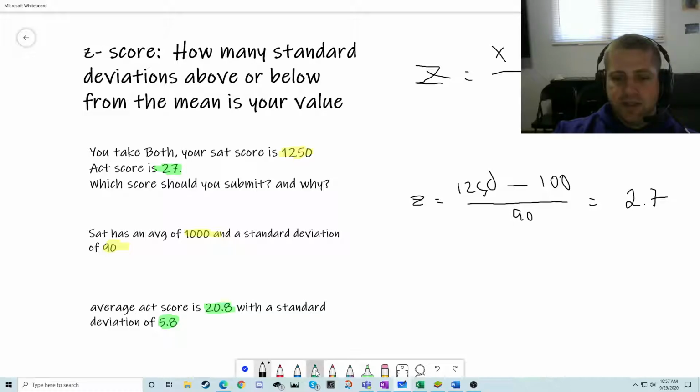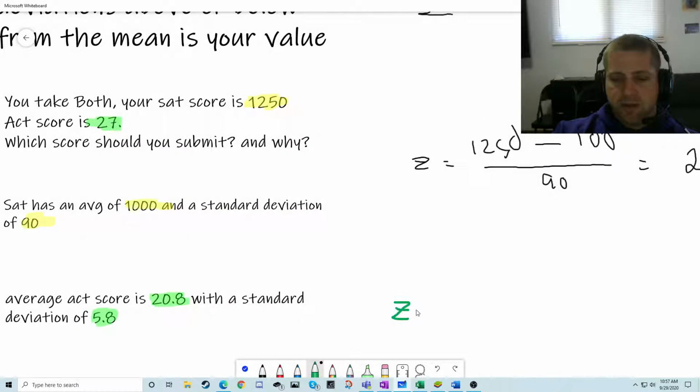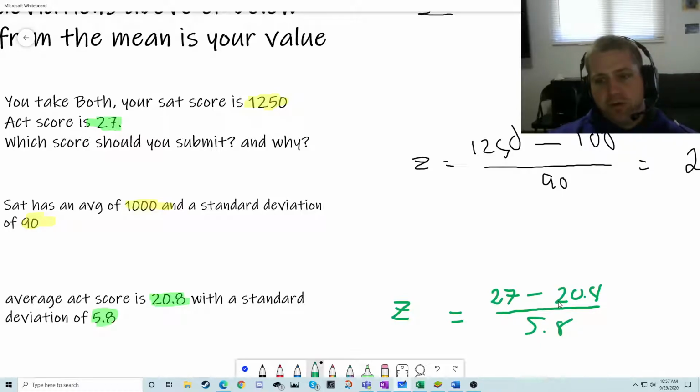For the ACT one, we'll do the same thing. z is your score, 27, minus 20.8, all over 5.8. I'm going to have to use my phone to find the z-score for that one because you can't just do it in my head.